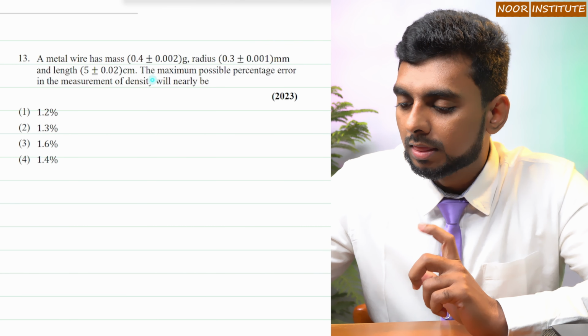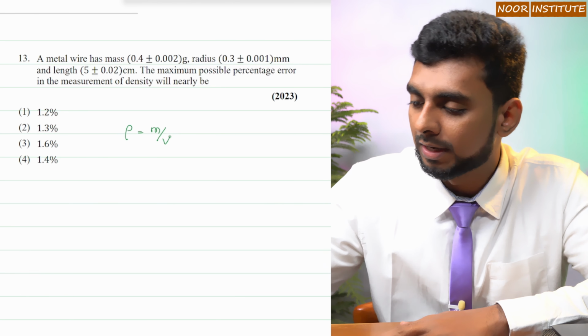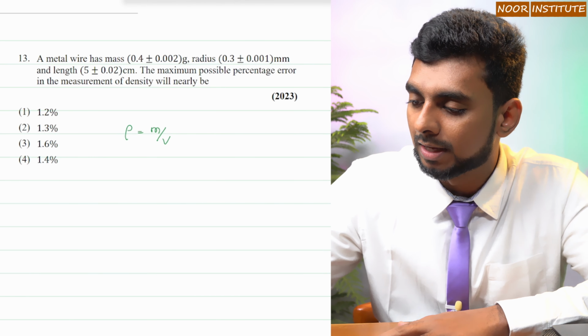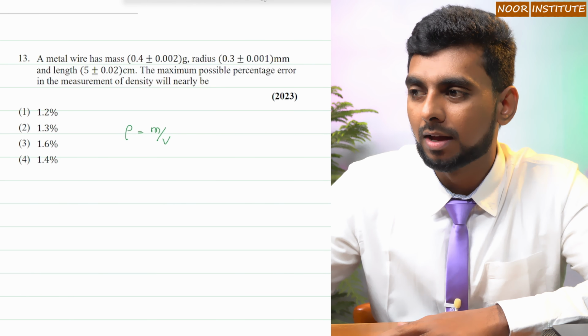First I need to know the formula for density, which we already know. Density equals mass divided by volume. You should know this one, right? Mass is something that they have given, so let us put it straight away. Instead of volume, I'll have to consider this as a cylinder. The volume of a cylinder is equal to the cross-sectional area times the length.